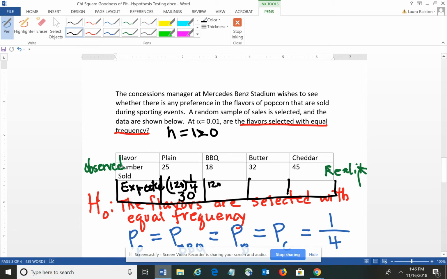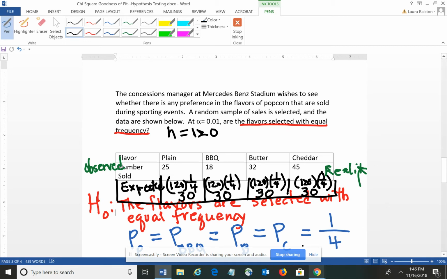Barbecue, 120, 1 in 4 chance, that's 30. Butter, again that's 30. And then cheddar, 120 total, 1 in 4 chance, so that's 30. So my expected is 30.